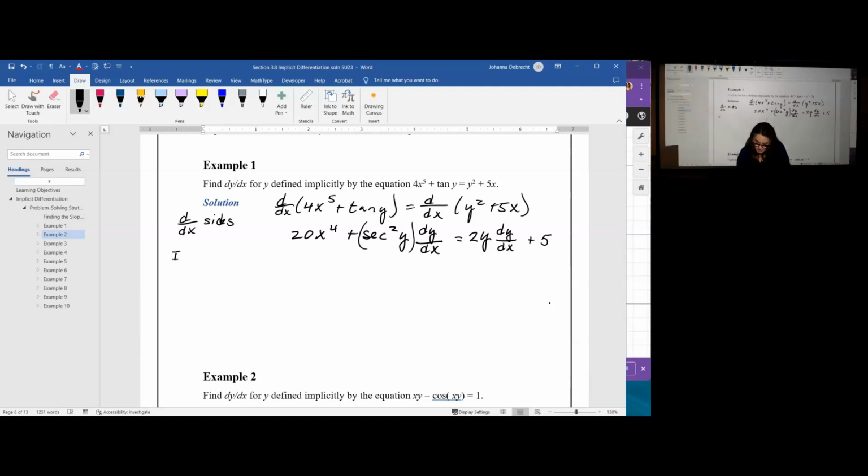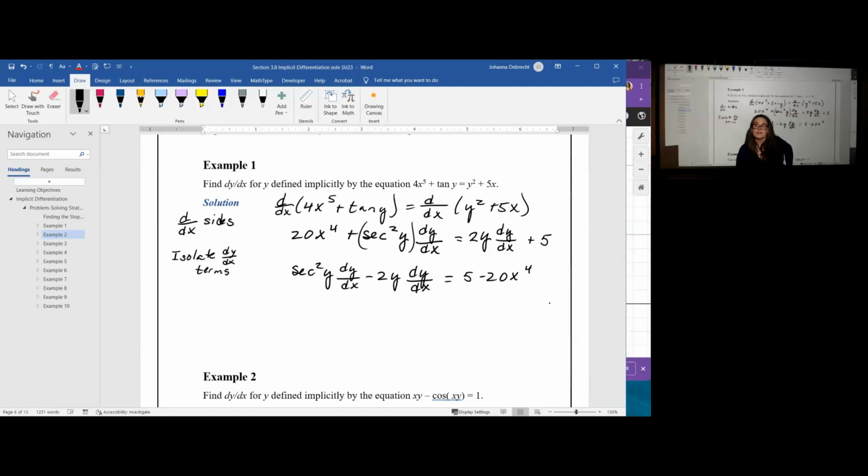Next, we want to isolate the dy/dx terms. If we gather our dy/dx terms on the left side, I would have secant squared of y dy/dx minus 2y dy/dx equal to the two terms that don't have dy/dx, 5 minus 20x to the fourth.